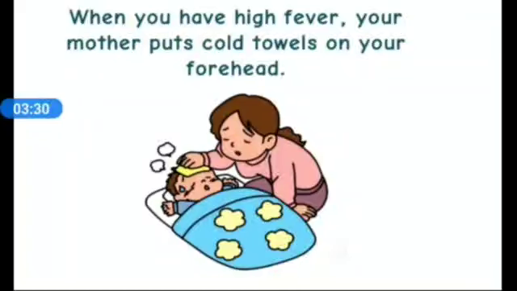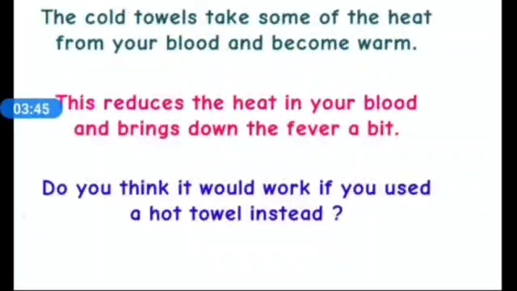Then what is meant by transfer of heat? With an example, now we can understand. When you have high fever, your mother puts cold towels on your forehead. The cold towels take some of the heat from your blood and become warm. This reduces the heat in your blood and brings down the fever a bit.